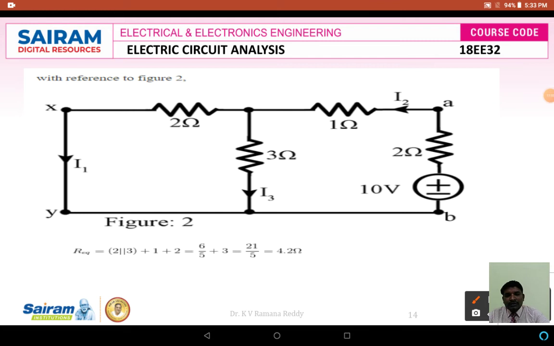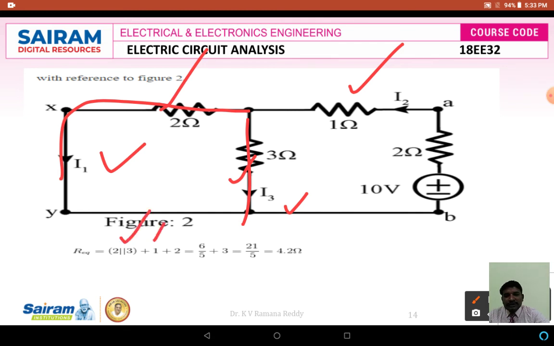If you see here, 2 ohms and 3 ohms are connected in parallel because the currents in those branches are different, here it is I1 and here it is I3. So these two are in parallel, and again in series with 1 ohm. Therefore 2 in parallel with 3, plus 1. Then it becomes 2 into 3 divided by 2 plus 3, plus 1.